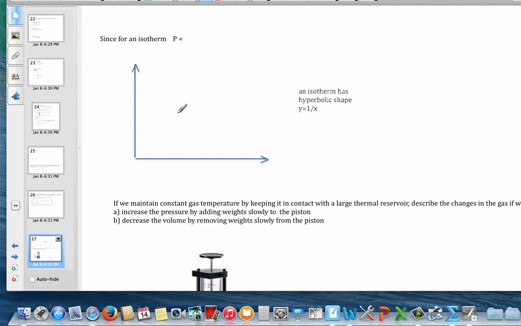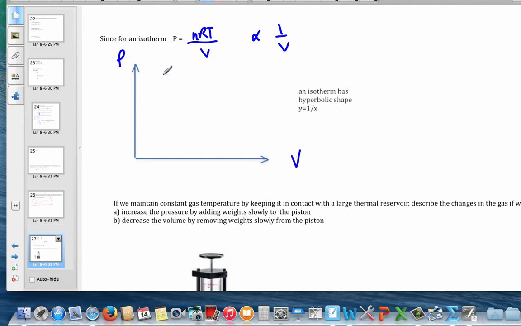Now, for an isotherm, we can apply the ideal gas law as we did earlier, and we'll get nRT, which is a constant, over V. We see that this is proportional to the reciprocal of volume. So pressure is inversely proportional to volume.